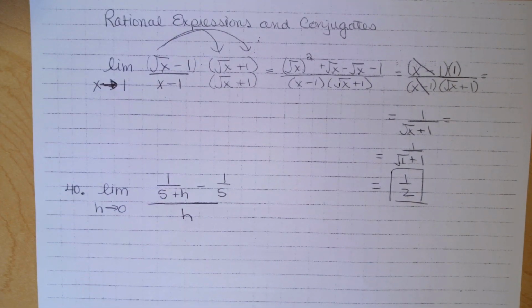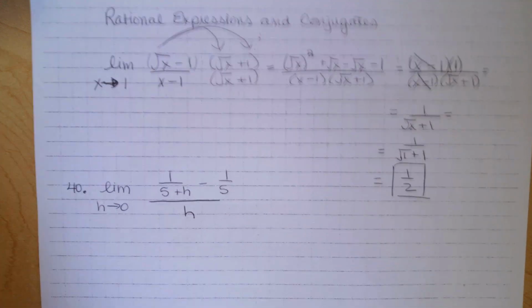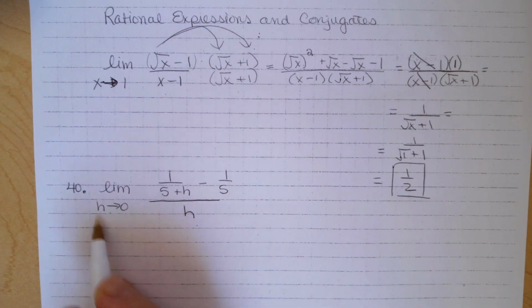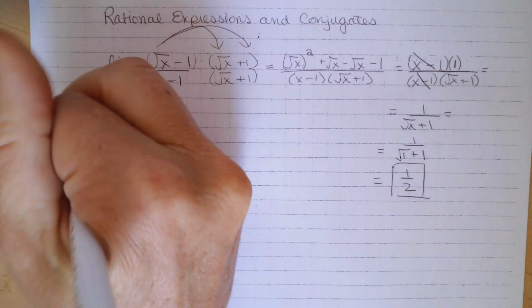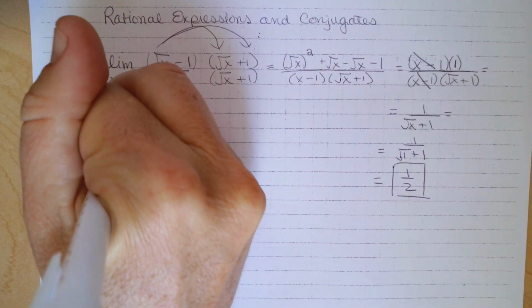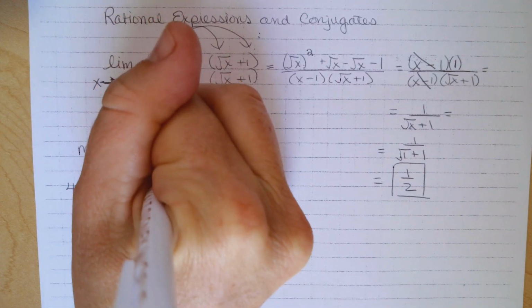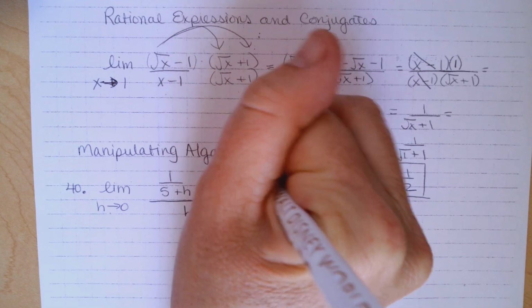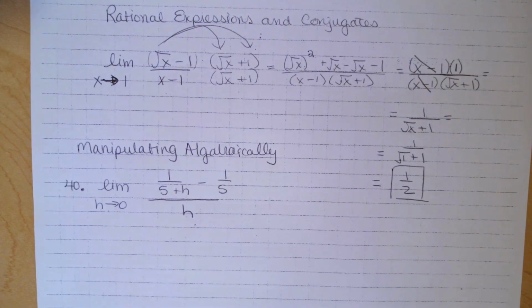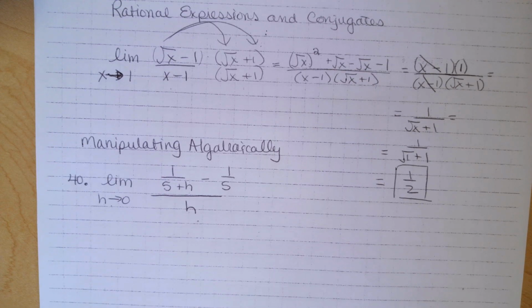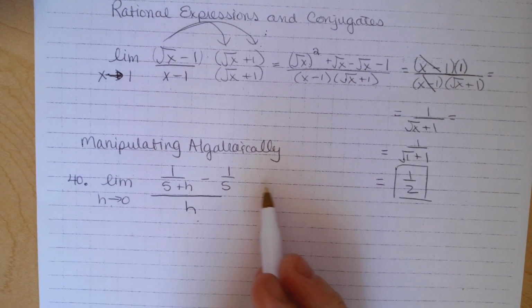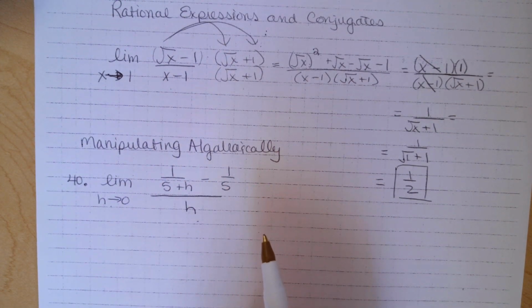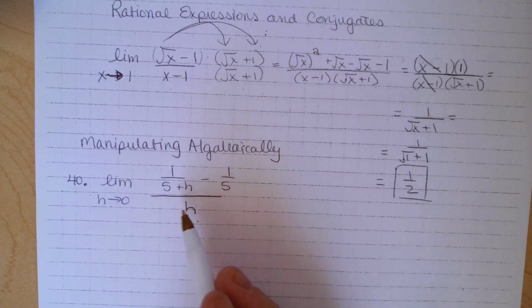Okay, and so clearly as we look at this, if I plug the 0 in, I'm going to manipulate this algebraically, hopefully, so that I don't have this h equaling 0 being the only thing in the denominator here.